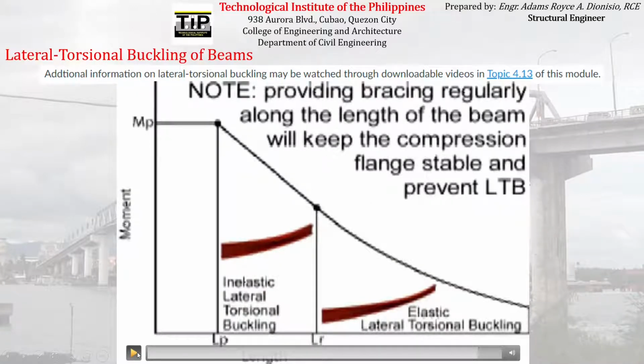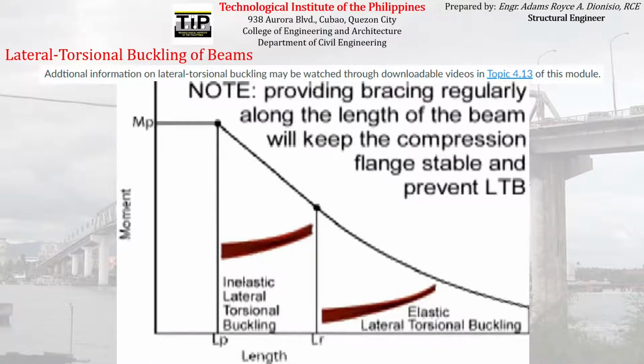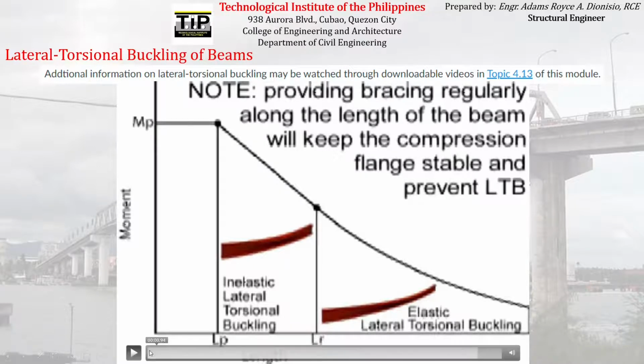Note, providing bracing regularly along the length of the beam will keep the compression flange stable and prevent LTB. So, yan na nga yung binabanggit ko kanina. Meron lang most efficient distance from one bracing to the other, which is equal nga hanggang sa LP.